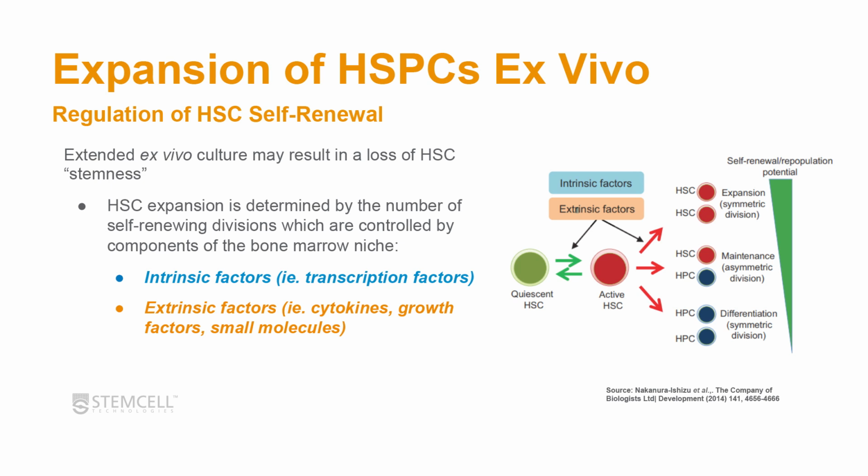And it's really because they've been removed from the niche. There are a lot of factors in the niche, and we're still finding which ones are critical. But most of them involve either intrinsic factors like transcription factors or extrinsic factors like growth factors and cytokines.